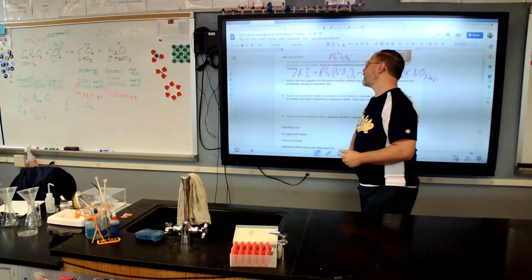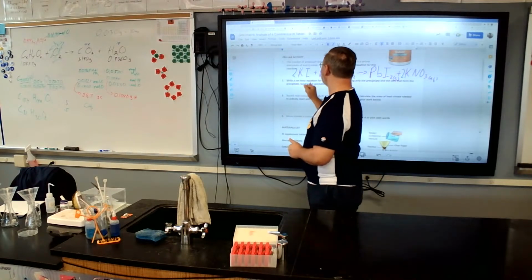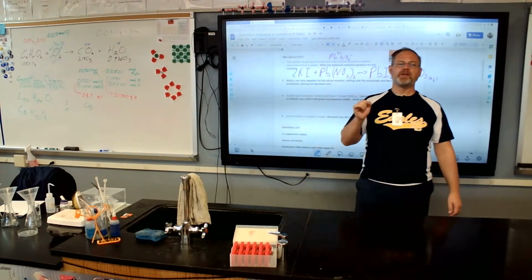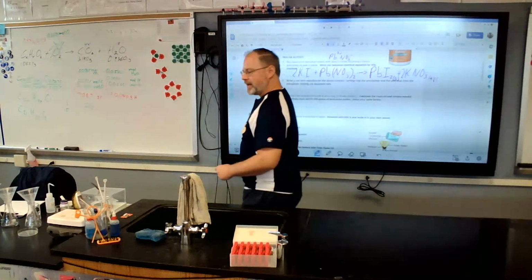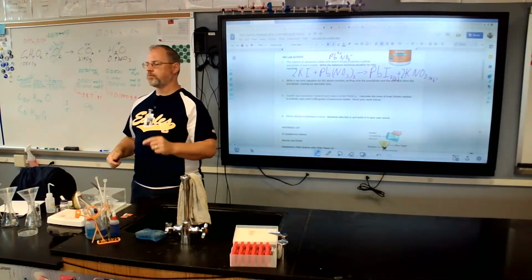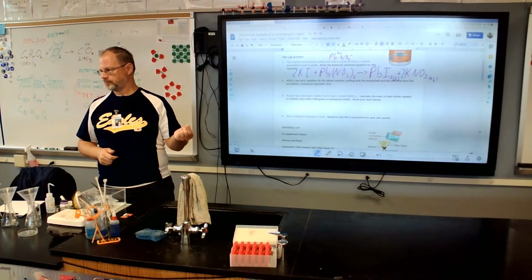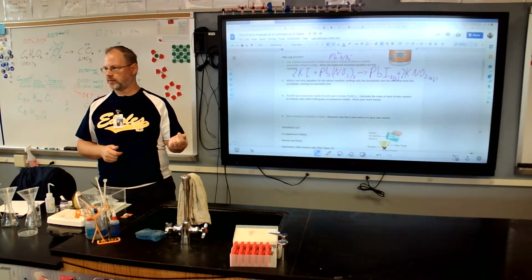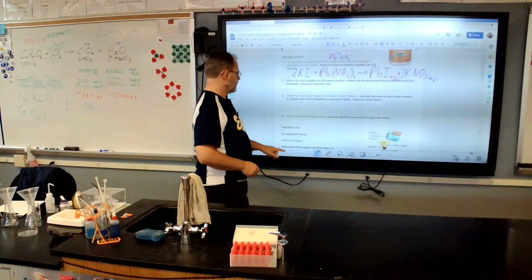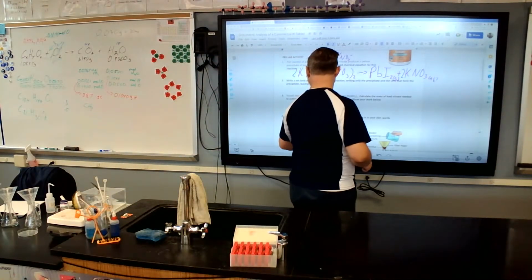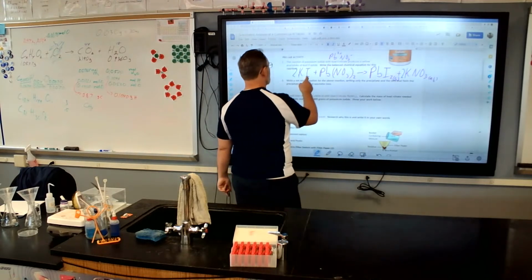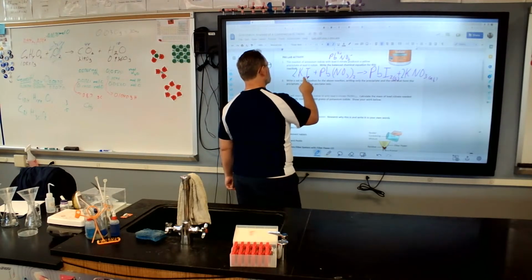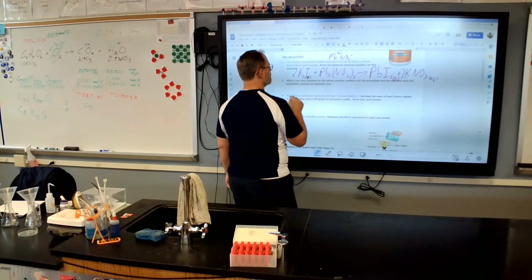Next, there's this thing called a net ionic equation. The net ionic equation is the ions that make a precipitate. Let me explain what's really going on here. This KI is not a solid, it's aqueous.